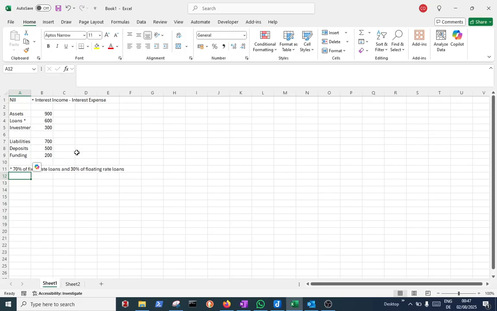What else should we have a look at? Another important issue would be related to deposits. The practice shows that deposits are rather sticky.